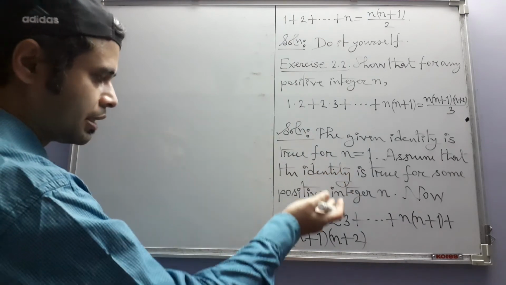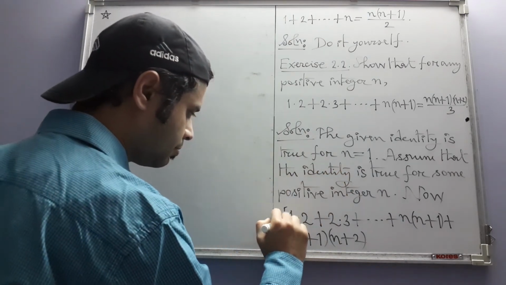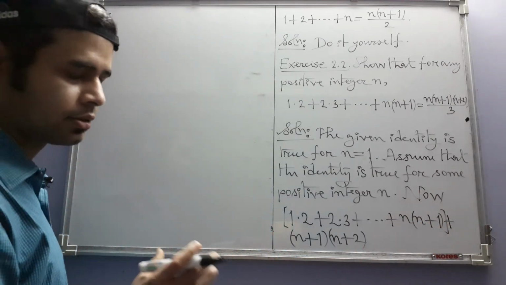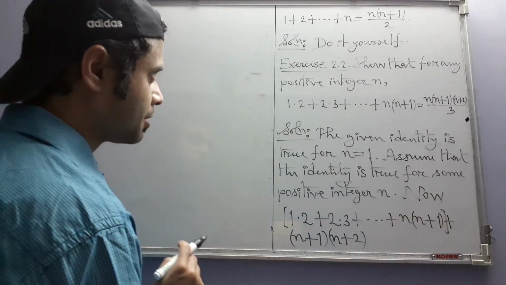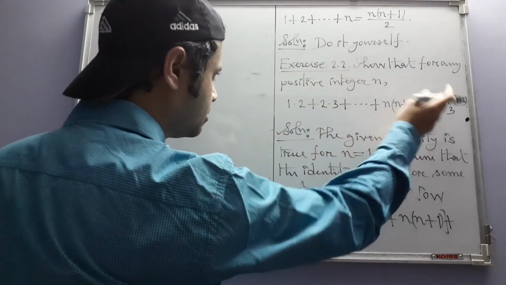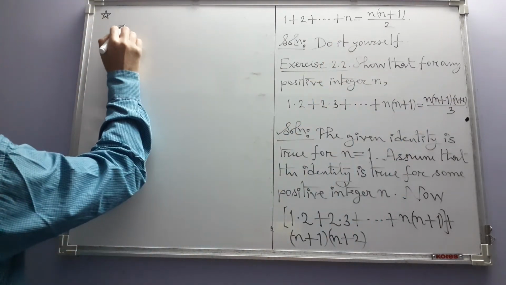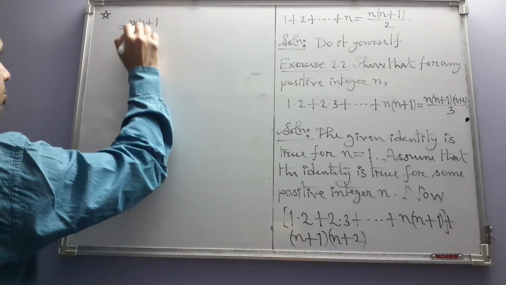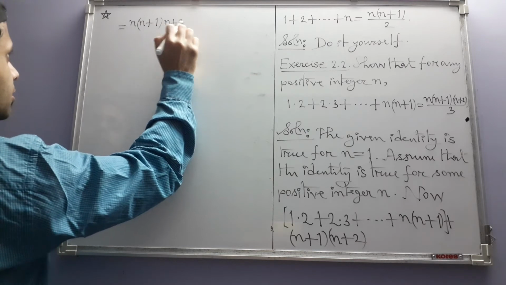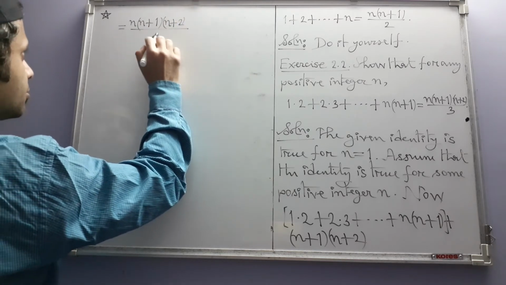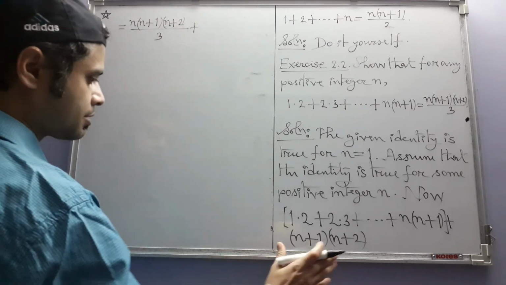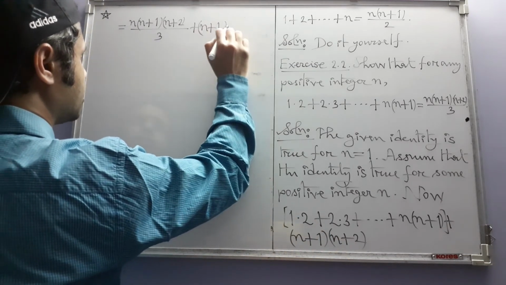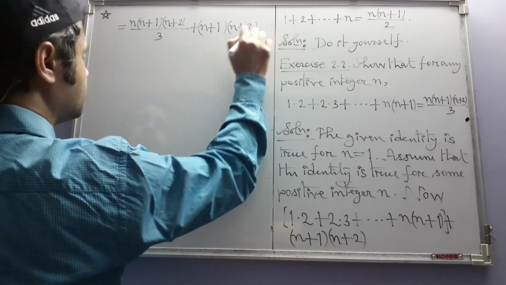Because of our induction hypothesis, we know a compact expression for this part, and that expression is nothing but this. So this is equal to n times n plus 1 times n plus 2 divided by 3 plus this extra term n plus 1 times n plus 2.